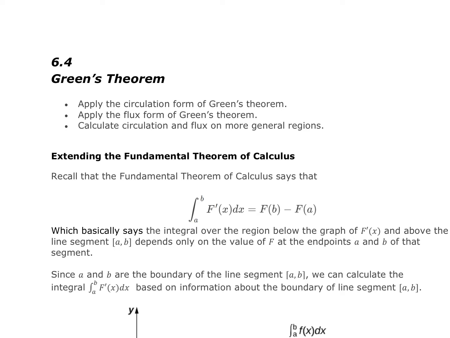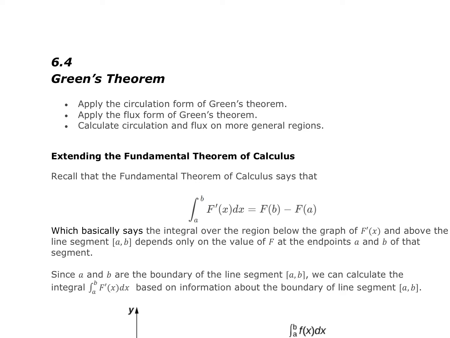So if we recall from Calculus 1, the integral from a to b of f prime of x dx can be evaluated as the antiderivative of f evaluated at b minus the antiderivative of f evaluated at a.